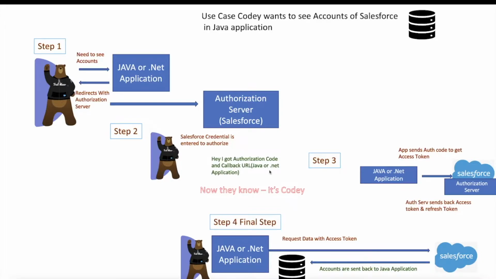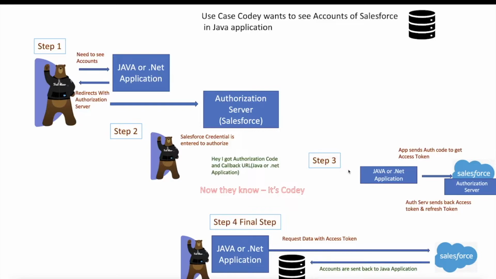Then the authorization server will send back an authorization code and callback URL. A callback URL means he will be returned back to his Java or .NET application, just like when we go to Workbench, enter the Salesforce username and password, and go back to Workbench.